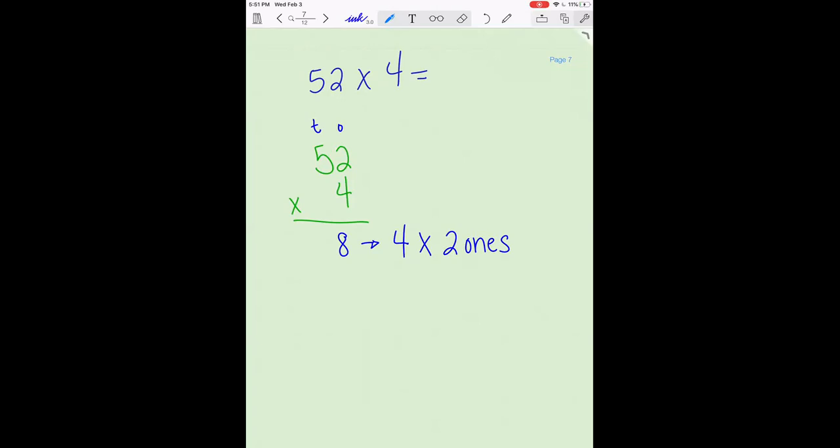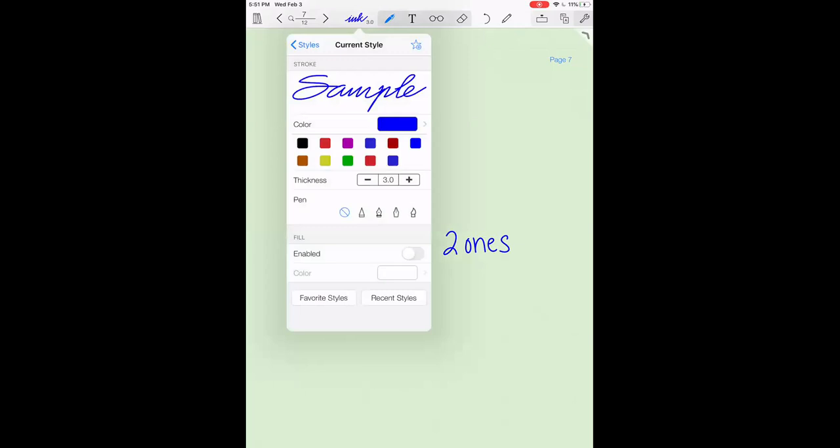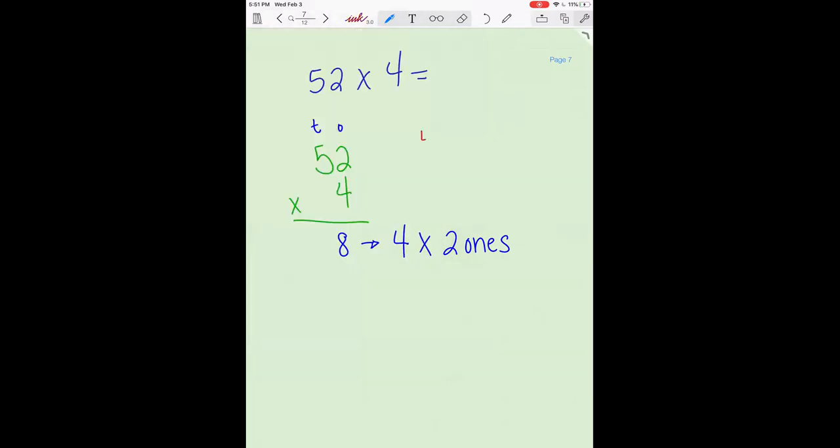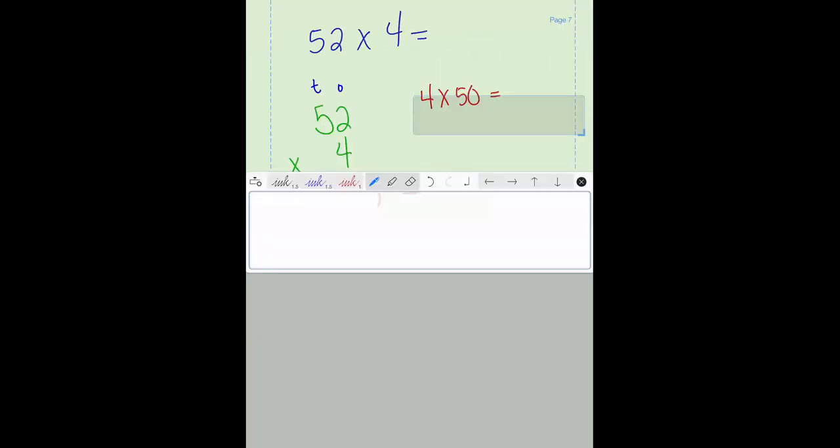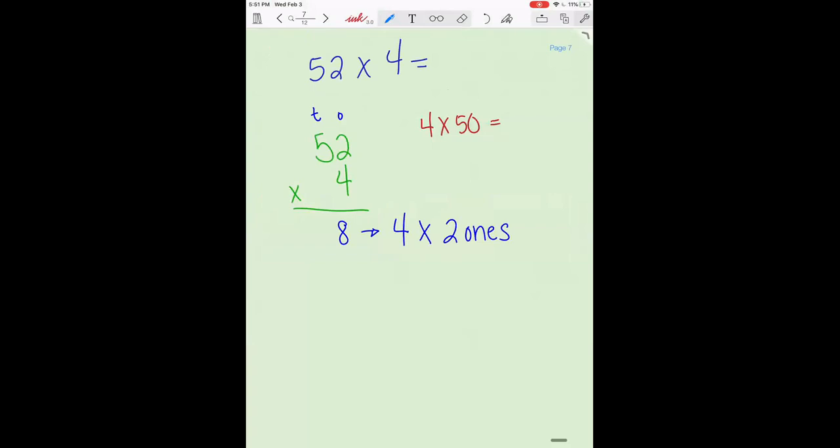So now what you have to do is do the second part of your problem. So 4 times 50, because remember, you've already multiplied the 2, so now you need to multiply the 5. But that's not a 5, it's a 50. So whenever we're multiplying with a number that ends in 0, I'm going to take the 4 and multiply that times 5.